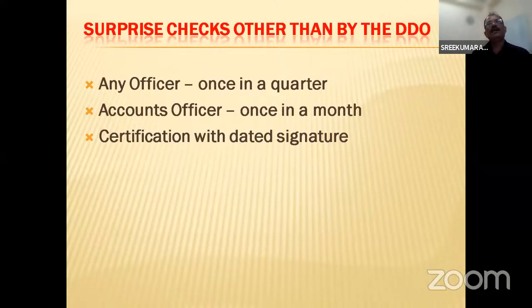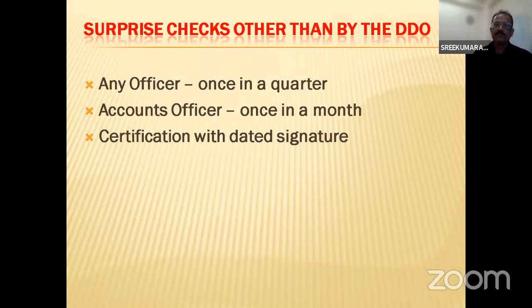A surprise check is to be done by someone other than the DDO. So it is not just the DDO who has to do this surprise check. Other officers also have to be entrusted with this work. Once in a quarter, the head of the department has to authorize an officer to do this work.